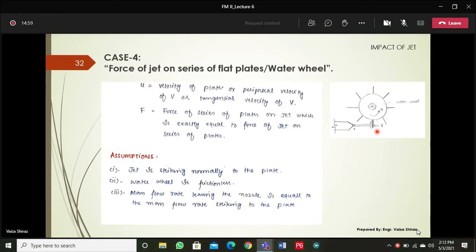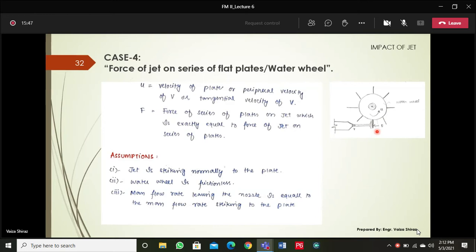ठीक है, आपका जो mass flow rate वाला point है that it is rho A into (V minus U), that is applicable on the moving plate, क्योंकि आपकी plate जो है that is constantly moving when you are applying the force on that and it is not fixed. ठीक है, लेकिन इस केस में although आपकी plates move कर रही हैं, but if you apply that concept with respect to the position of the plate, तो उस position पे you will always have a certain plate. अब इसमें भी थोड़ा सा limitation है, because there will be a certain time span in which you do not have a plate in front, right? So obviously that factor will be overcome if you have more plates or the spacing of the plates is smaller. It will also depend upon the diameter of the wheel. So all of these things are interlinked.